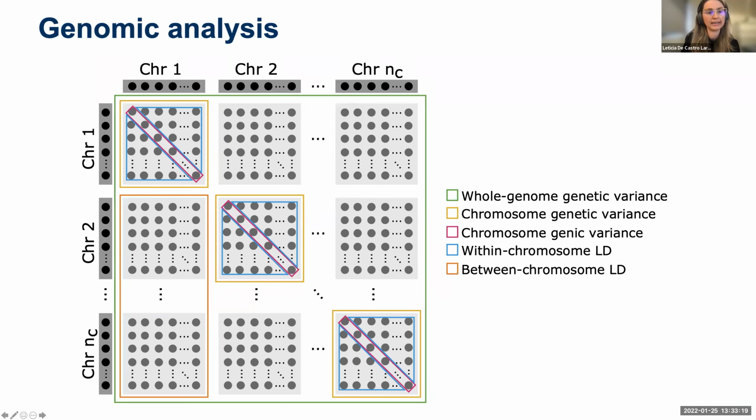The linkage disequilibrium here that is between chromosomes refers to the covariance of these loci on different chromosomes in the genome. I don't know if I answered exactly.